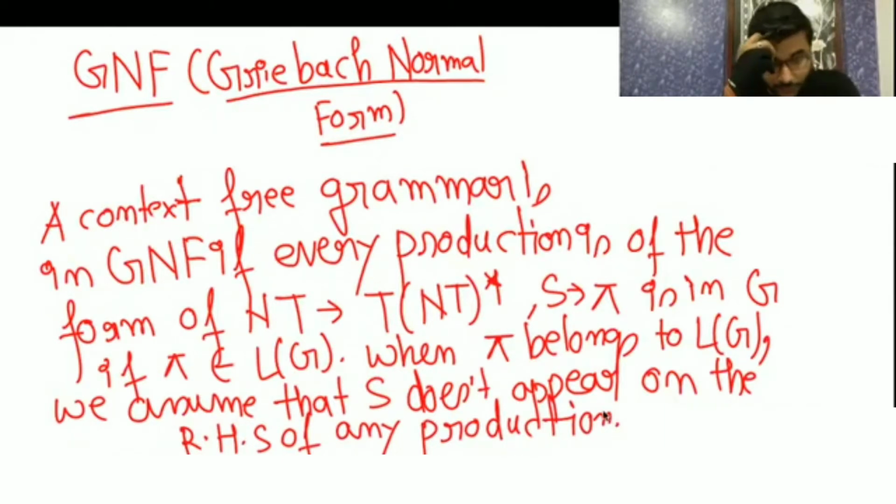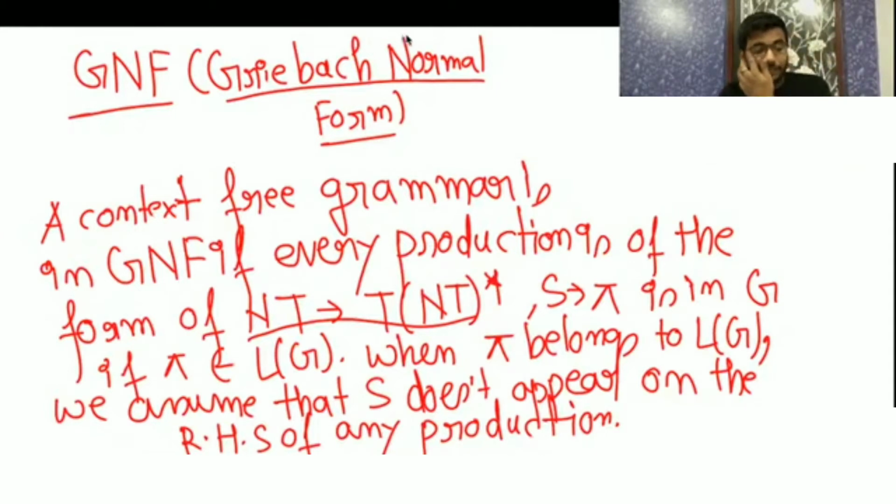So a context-free grammar is in GNF if every production is of the form non-terminal derives one terminal, non-terminal star. G means grammar, L means the language generated by this grammar. When pi belongs to the language generated by this grammar, we assume that S does not appear on the right hand side of any production.